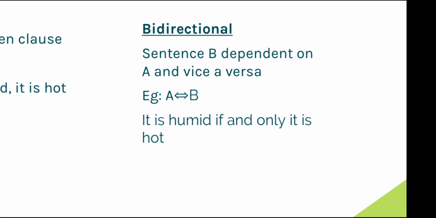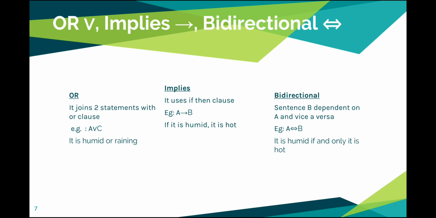It is an equal thing. Neutrality is present in bidirectional. So if A is dependent on B, B is also dependent on A. The sentence will go like this: it is humid if and only if it is hot. You need to write if and only if. So these are the main terms that you need to understand about propositional logic.